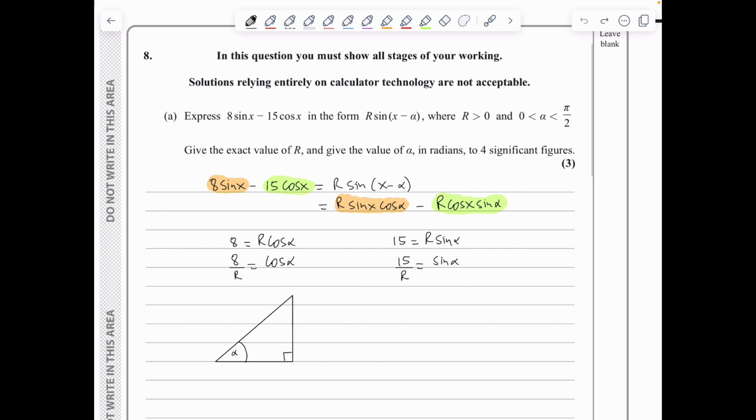I will then proceed by drawing a right angle triangle. The angle alpha is at the base, so we've got cos alpha being adjacent over hypotenuse and sine alpha being opposite over hypotenuse. So I'm using Pythagoras to get r. It's the square root of 8 squared plus 15 squared, which gives 17.